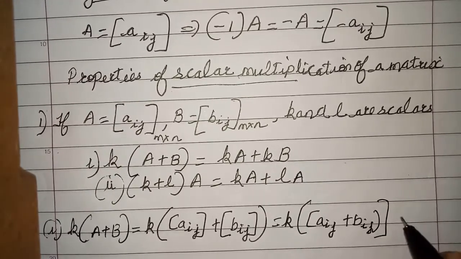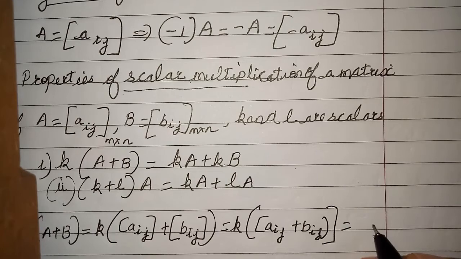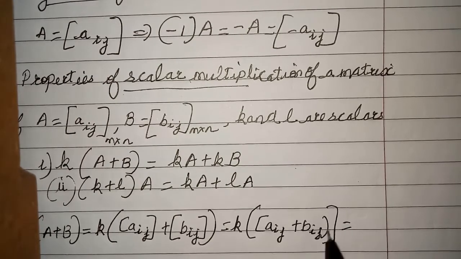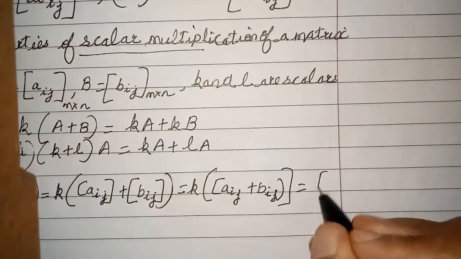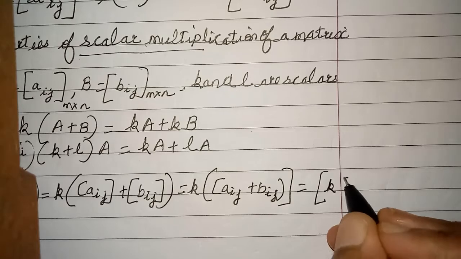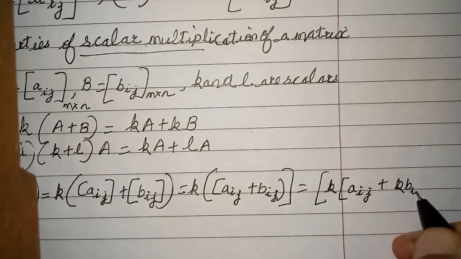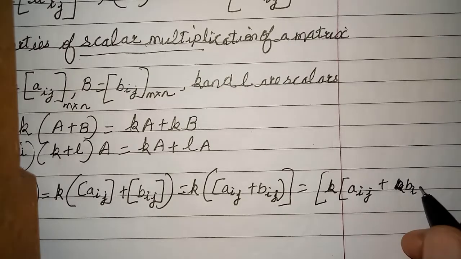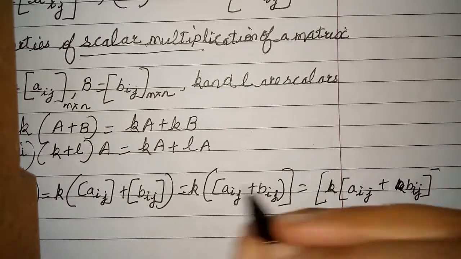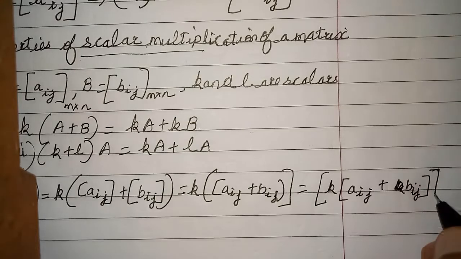Now by the definition of multiplication of a matrix by a scalar, k can be pulled inside. So it will be k times (Aij plus Bij), with only one k outside.